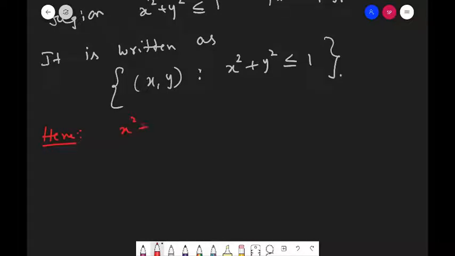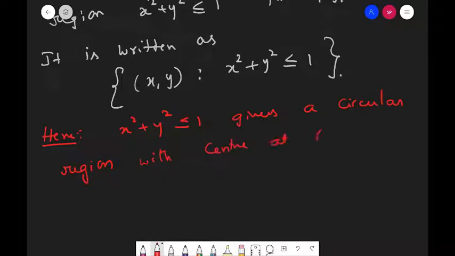Now let us see if we can determine this geometrically also. As a note, x square plus y square less than or equal to 1 gives a circular region with center at the origin and radius equal to 1 in the xy plane.